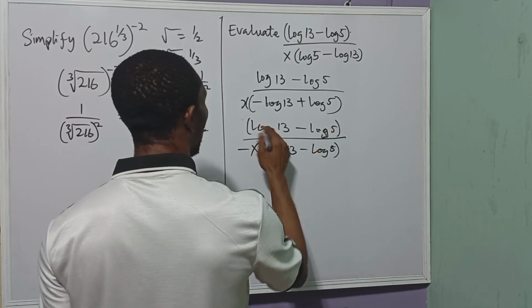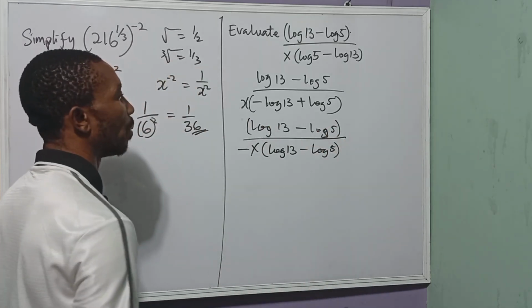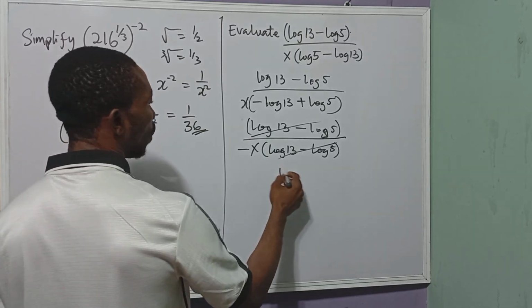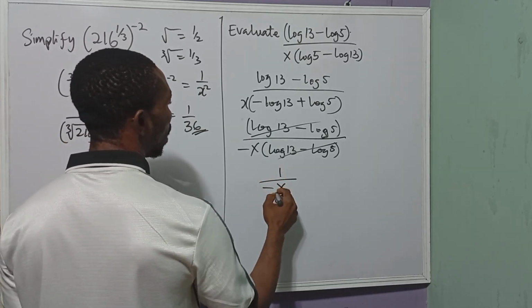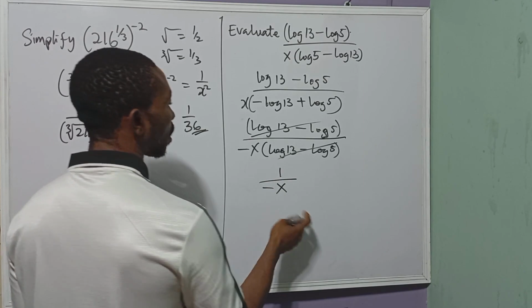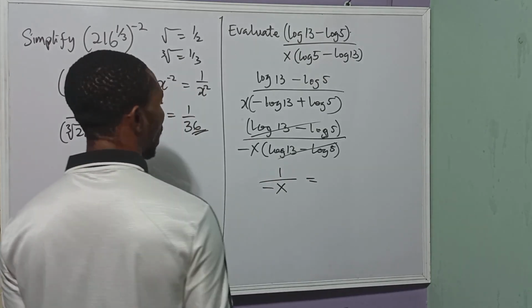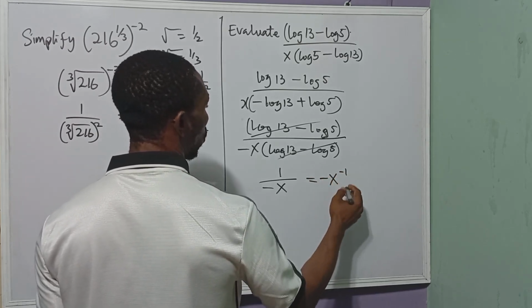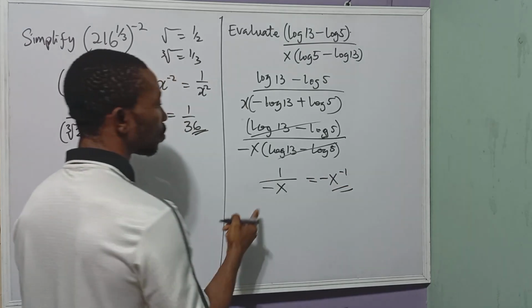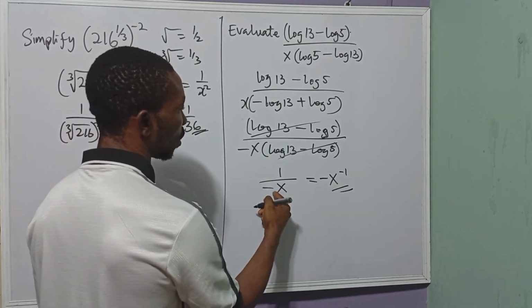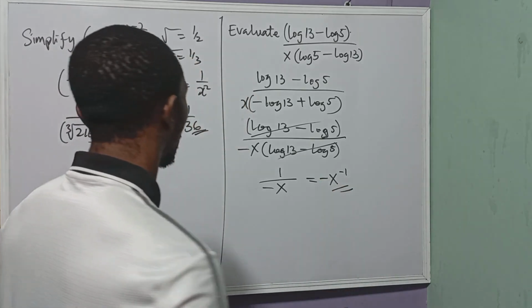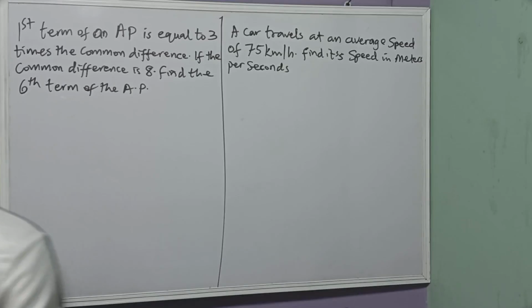Now you can see it's looking similar to what we have above. So we can now cancel this and this, leaving us with 1 over minus x. Now our answer will be 1 over minus x, or we'll write it as minus x raised to power minus 1, since it's fractional indices. So this will be our answer for evaluation of this.